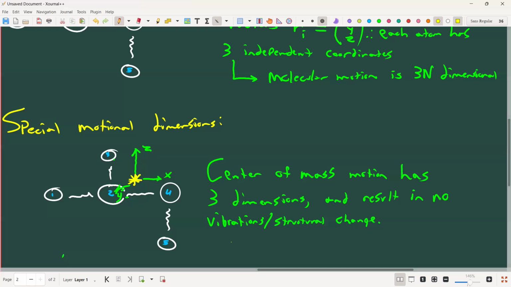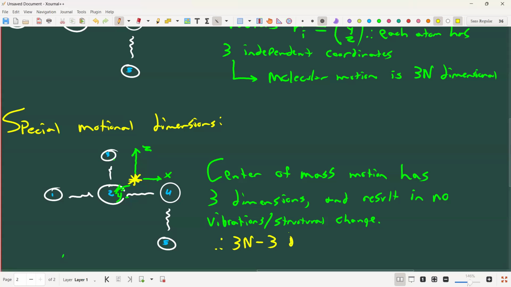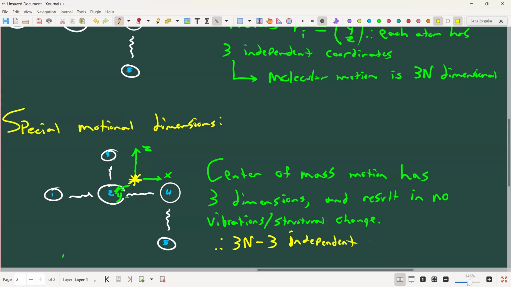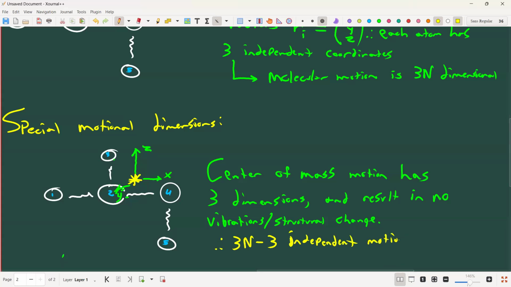That means there are 3n minus 3 independent motional degrees of freedom, or let me say dimensions. I've been using the word dimensions.